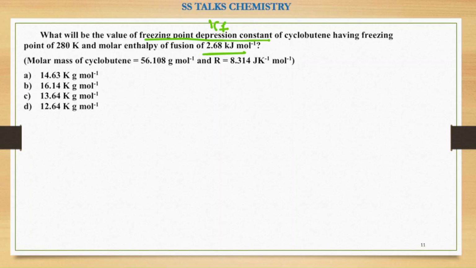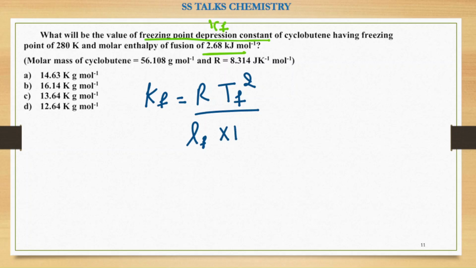Your Kf value is equal to R, which is your gas constant, into TF square, which is the freezing point temperature squared, upon LF, which is your enthalpy of fusion, into 1000.